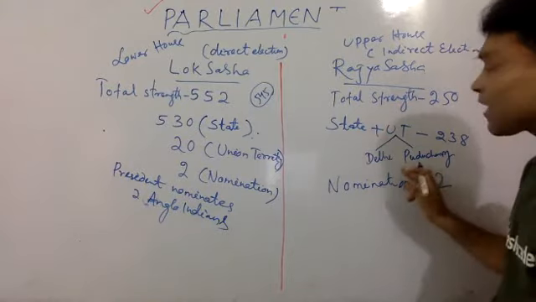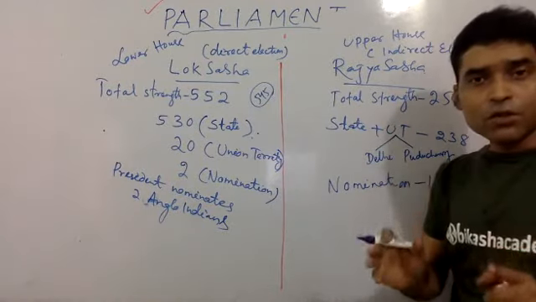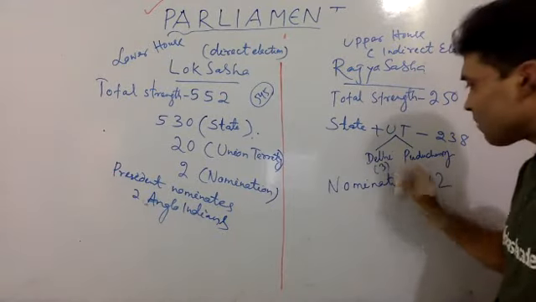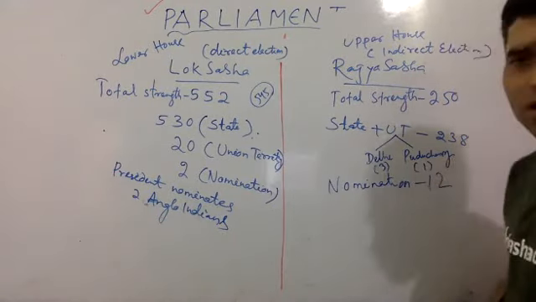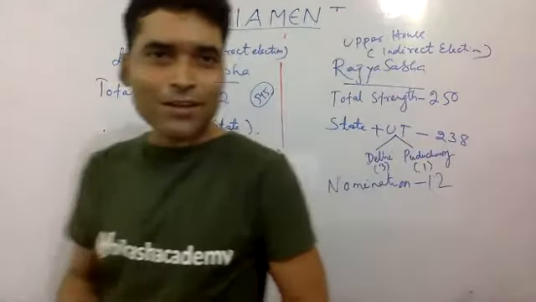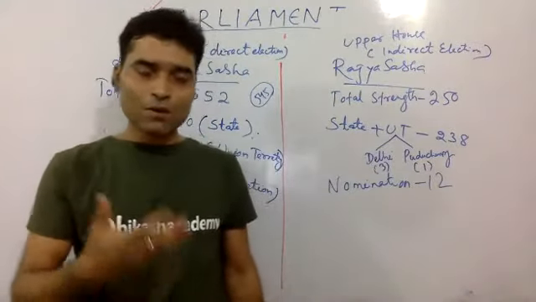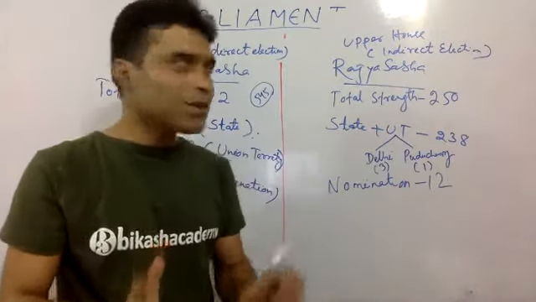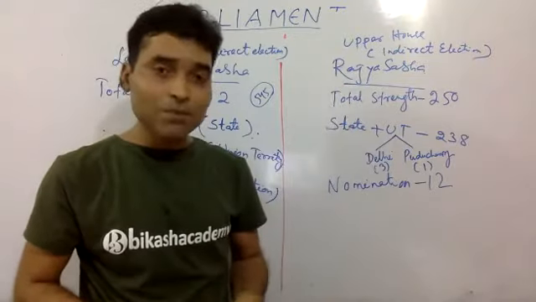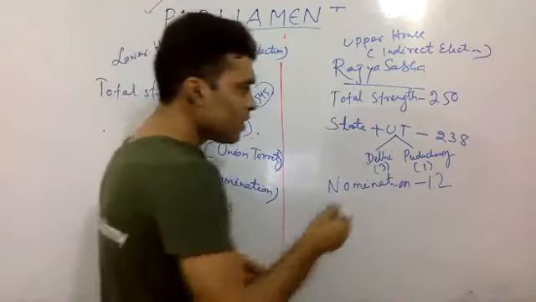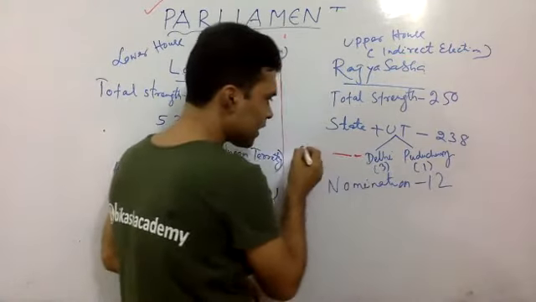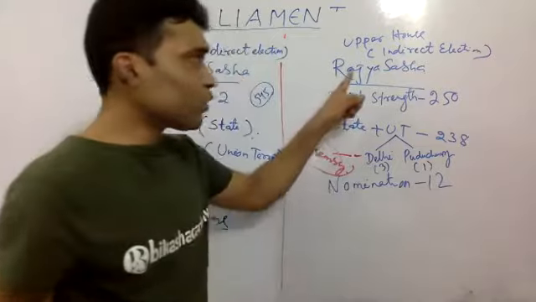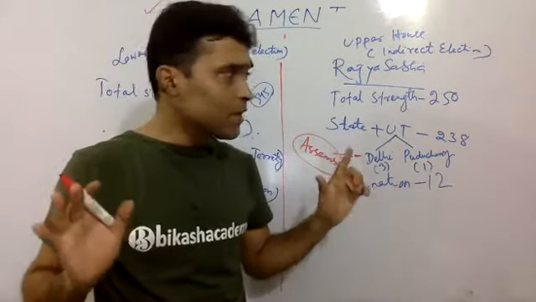That's why they can send members to the Rajya Sabha, right? So from Delhi at present 3 members and Puducherry 1. But other union territories like Andaman Nicobar, Lakshadweep, Dadra Nagar Haveli, etc., do not represent in Rajya Sabha. Are you getting my point? So this is very important. Delhi and Puducherry have legislative assembly. They can send their members to Rajya Sabha. I hope this is clear.